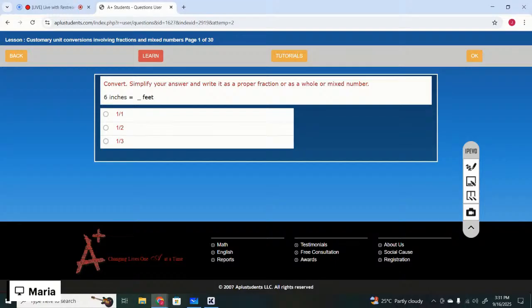Convert 6 inches equals how many feet? So 6 inches equals 1 by 2 feet. Option number 2 is the correct option. 1 by 2 it is.